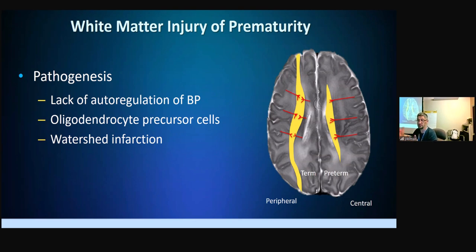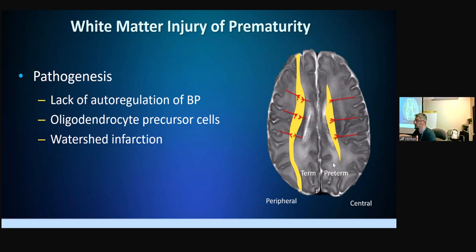The other one is the watershed infarction explanation. In the preterm infants, as you can see on the left side, there are end arteries supplying the periventricular white matter coming from the periphery, and because these are end arteries, this is a watershed area.